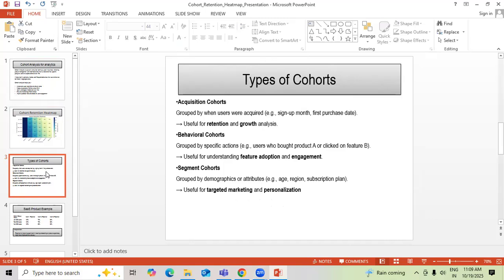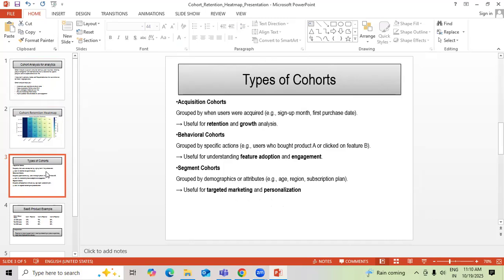Next, when it comes to segmentation, it is useful for targeted marketing and personalization. We group by demographics or attributes, which can be age, region, or different subscription plans. For that, segment cohorts are generally used.